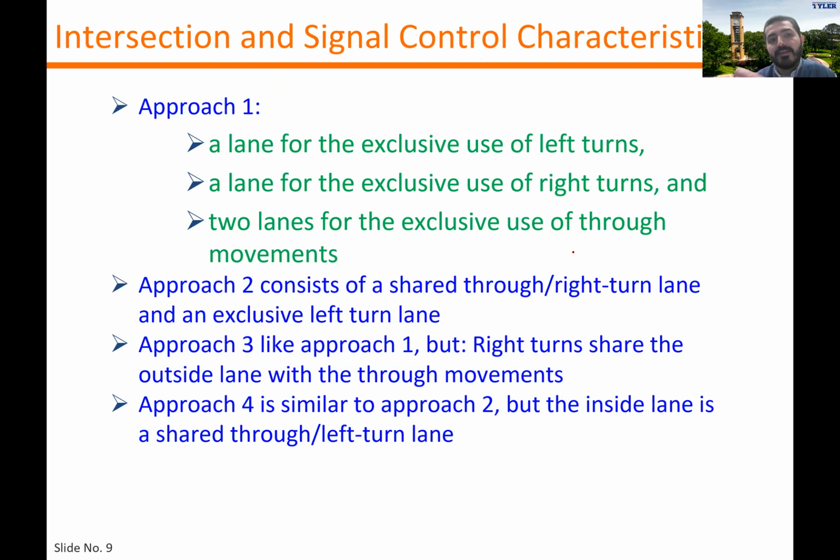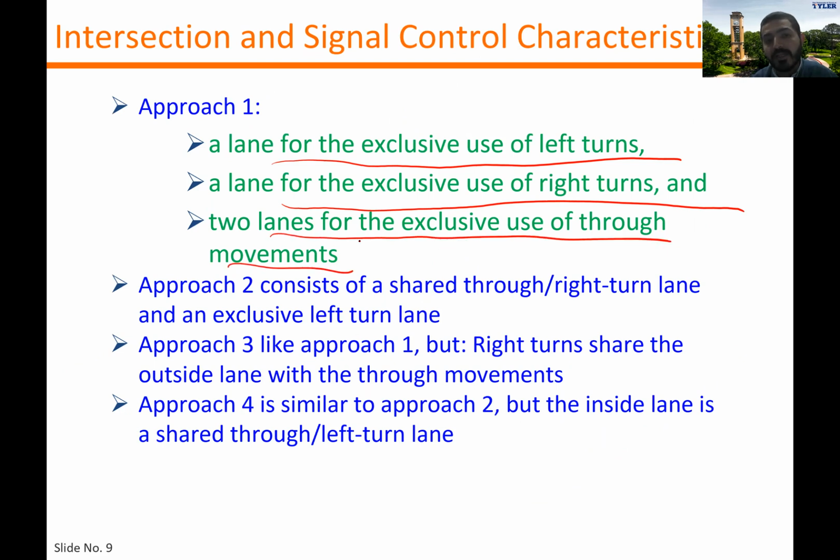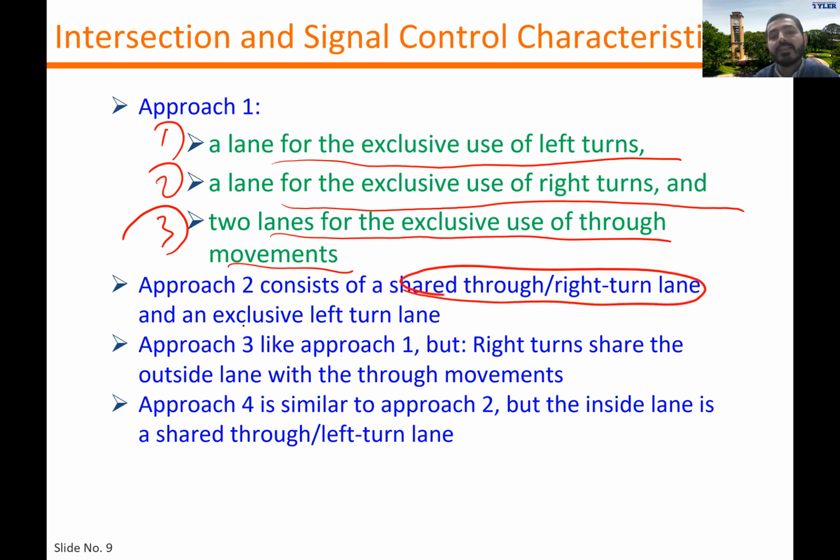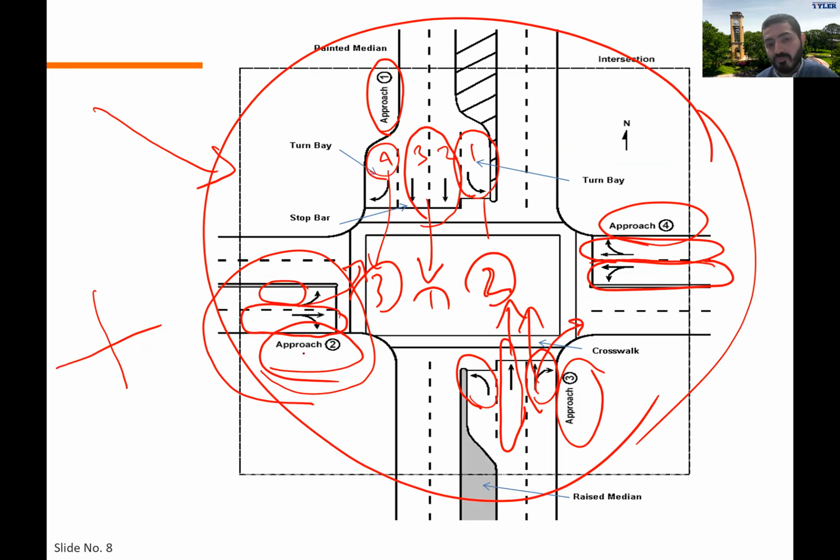In summary, for approach 1, I have a lane for exclusive use of left turns, a lane for exclusive right turns, and two lanes for exclusive through. This is why we have 3 different groups under approach 1. Approach 2 consists of a shared through-right turn lane, which is one group by itself, as well as an exclusive left lane, so two groups.